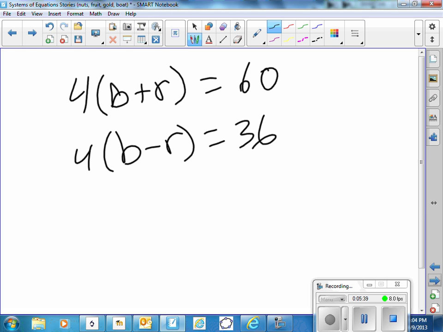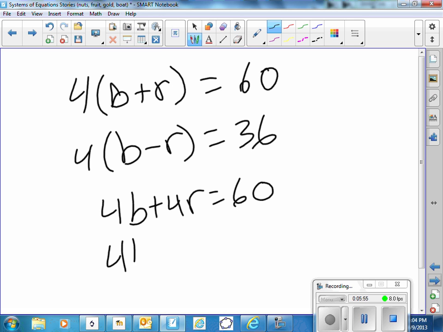So whatever speed the boat's going against the current is going to subtract, and with the current it's going to add. Let's go ahead and multiply those. 4b plus 4r equals 60. 4b minus 4r equals 36.